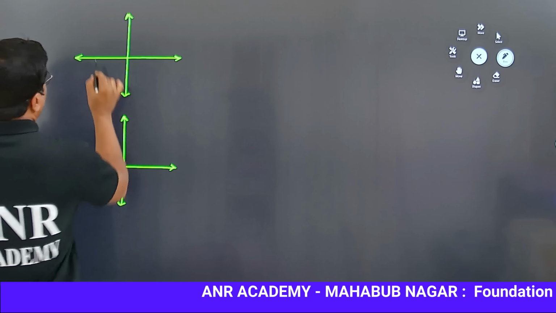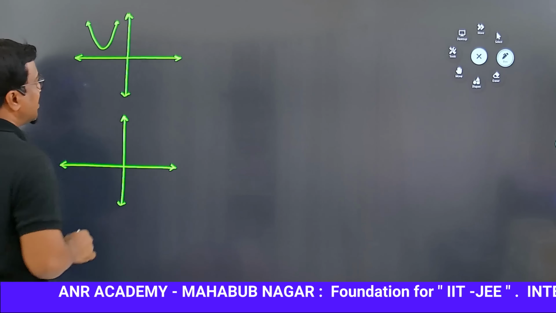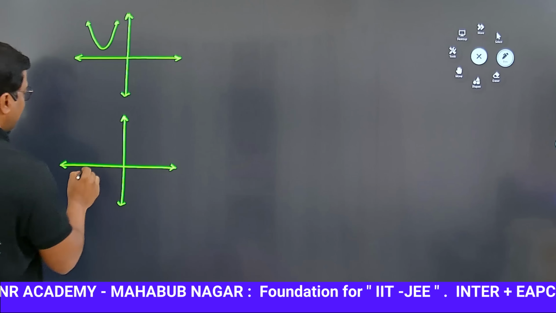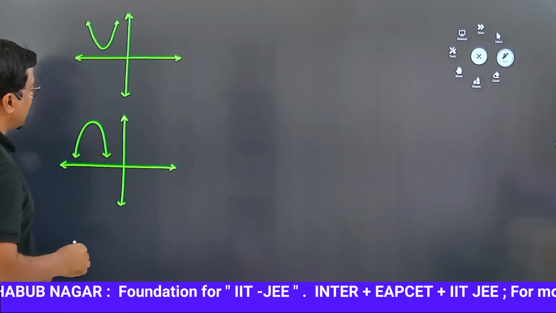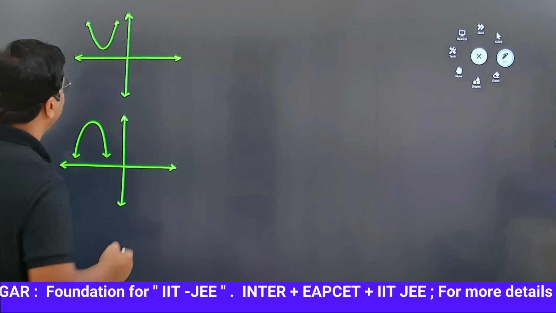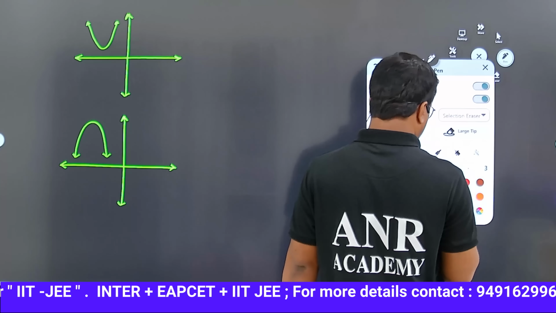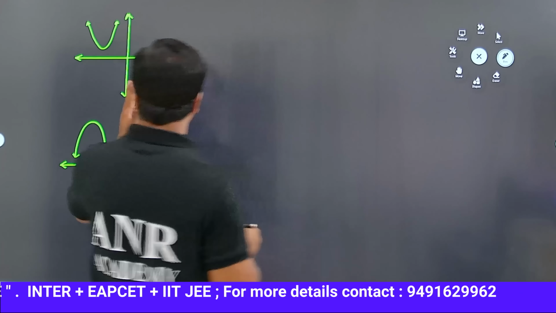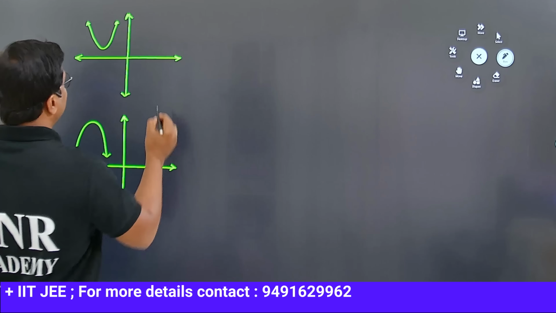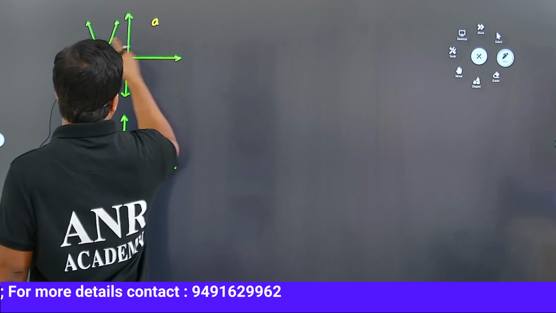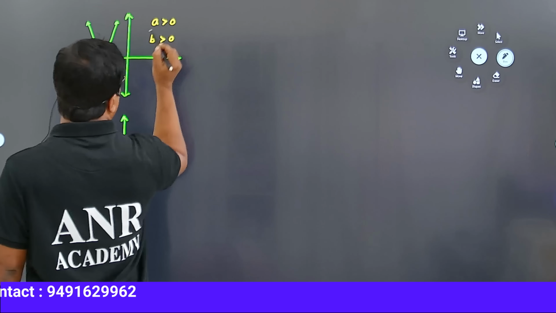Suppose that the graph is of U shape and whose vertex is entirely on the left side of the y-axis. Another case, reverse of U shape and whose x coordinate is entirely on the left side of the y-axis. Here in this case, for the values of A and B, you have to remember that when the graph whose x coordinate is entirely on the left side of the y-axis, A is clearly more than 0 in this case. B also positive, remember.